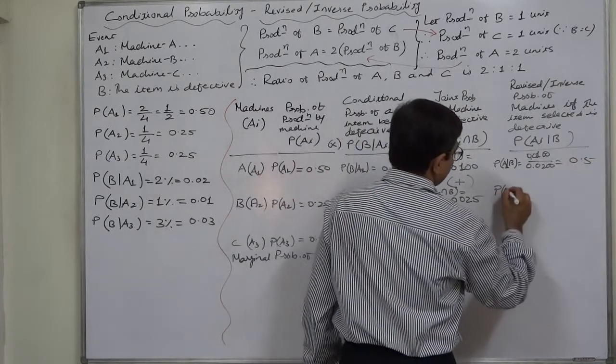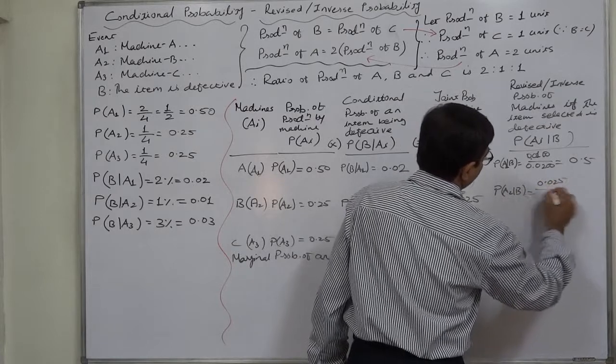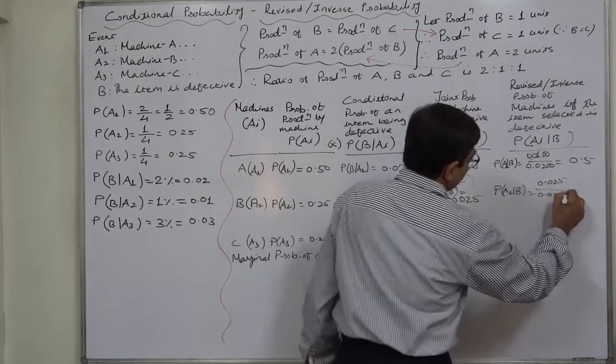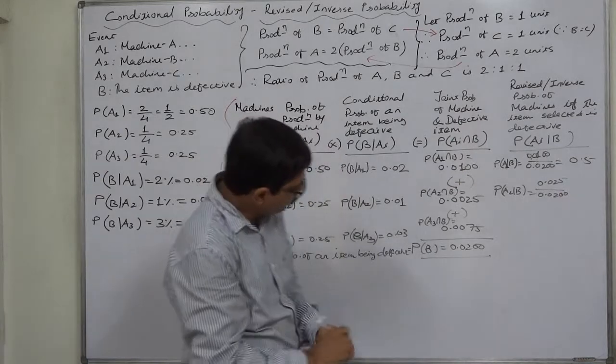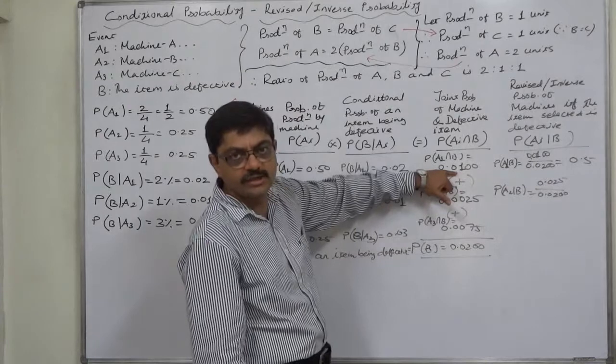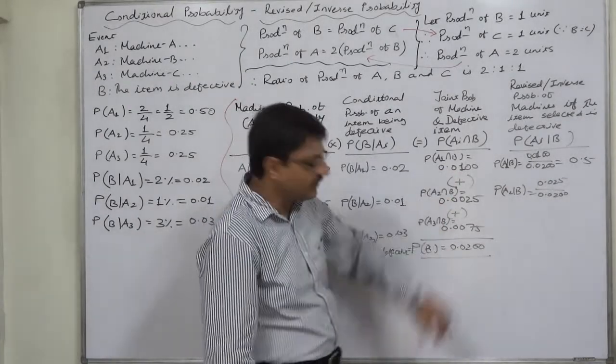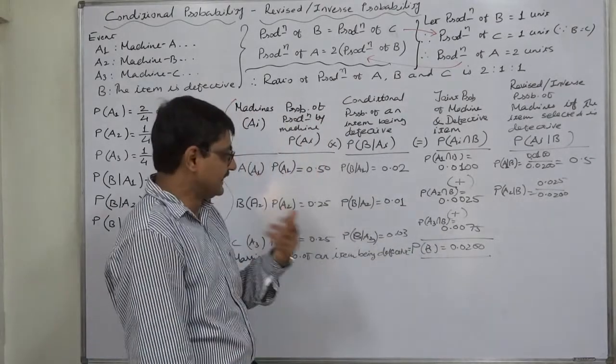Here it can be A2 given B. You can think that out of 200 total number of defective items, we can expect 100 manufactured by A, 25 manufactured by B, and 75 manufactured by C.